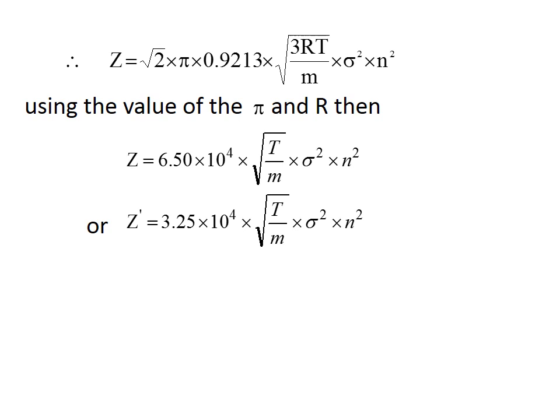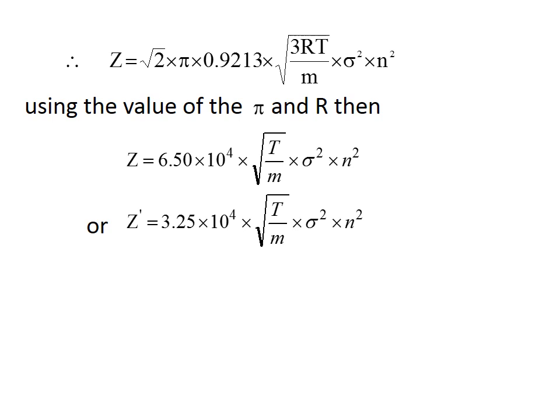Now you substitute the value of pi, then the equation simply becomes Z equal to 6.50 into 10 to the power of 4 into root of T by m into sigma square into N square. Therefore, the number of collisions Z dash, that is divided by 2, is 3.25 into 10 to the power of 4 into root of T by m sigma square N square.